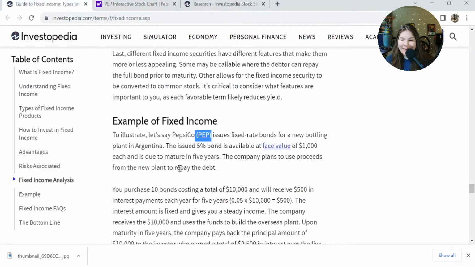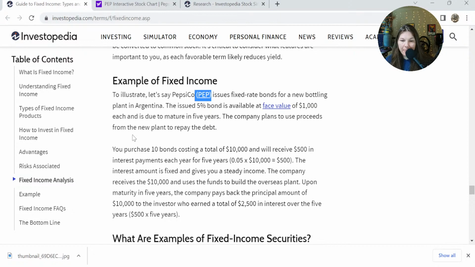So to illustrate, let's say Pepsi-Cola issues fixed rate bonds for a new bottling plant in Argentina. The issued 5% bond is available at face value of $1,000 each and is due to mature in 5 years. The company plans to use proceeds from the new plant to repay the debt. You purchase 10 bonds costing a total of $10,000 and will receive $500 in interest payments each year for 5 years.